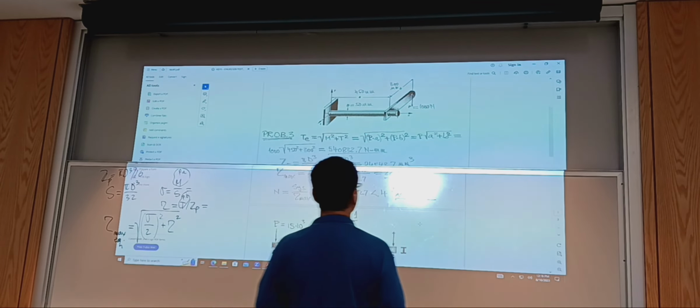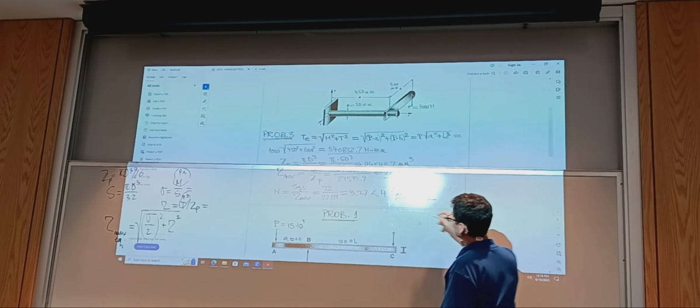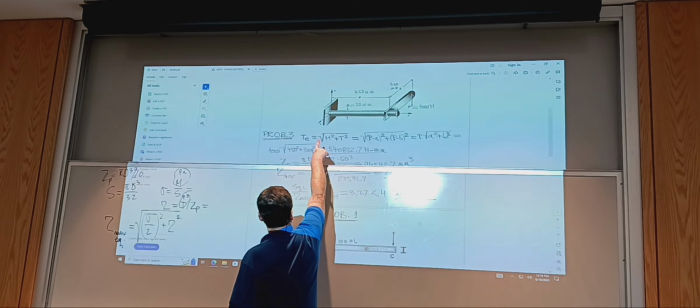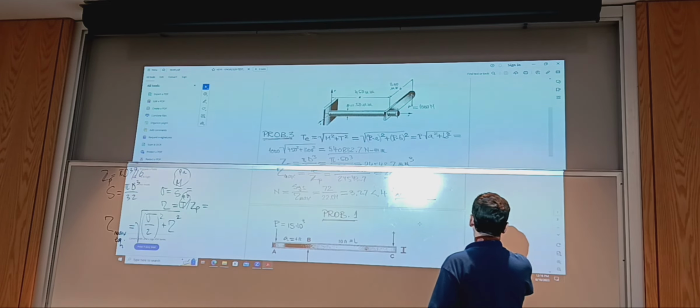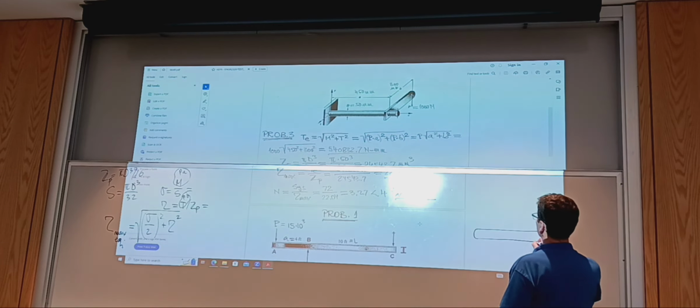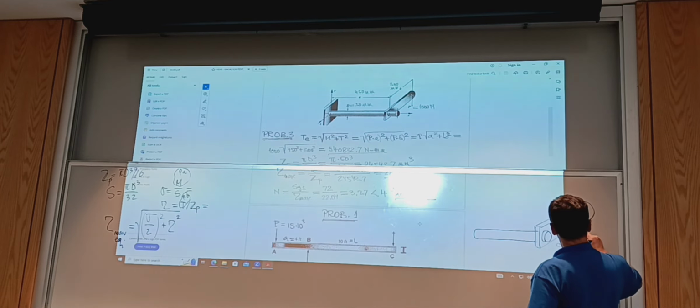So if you are to draw a free body diagram of this assembly to figure out the reactions of the support, you remove the part from its support.